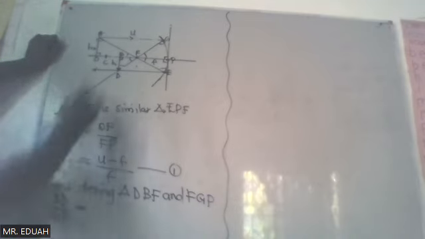This is 90, this is also 90. And so this angle must correspond with this, alternate with that. And so the ratio of their sides, BD over JP, must be equal to BF over FP.